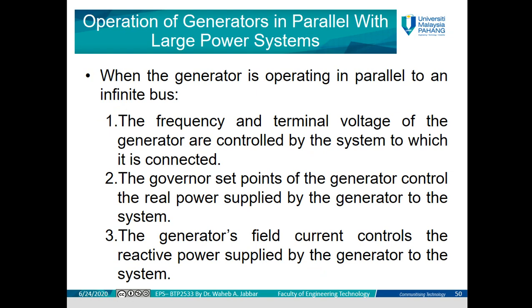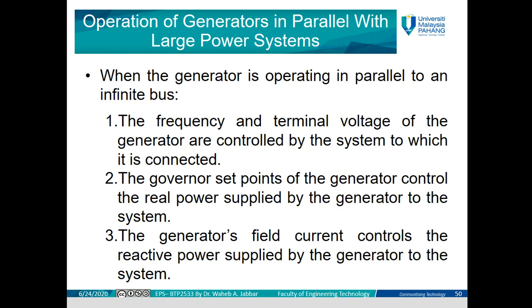The governor of the generator will control the real power generated by the generator. For example, I have a 5 megawatt generator. In order to achieve the 5 megawatts, the governor of the generator will increase the load of this generator.